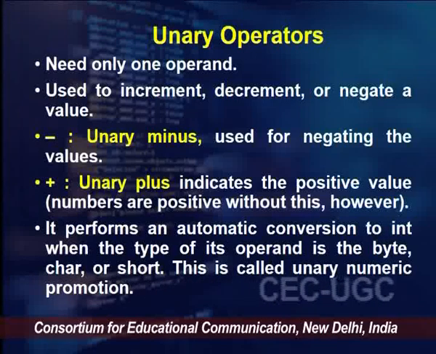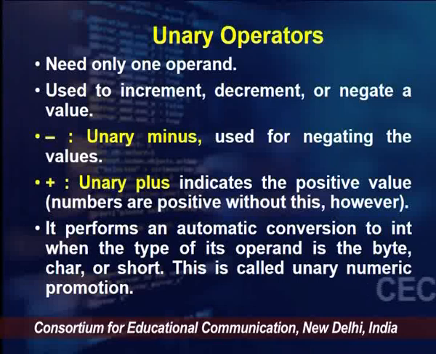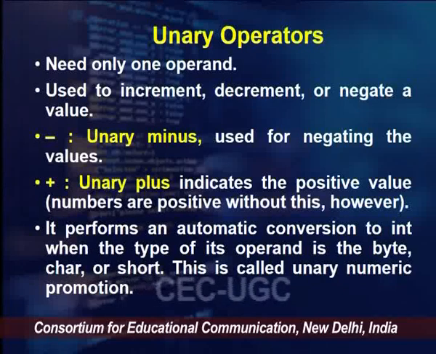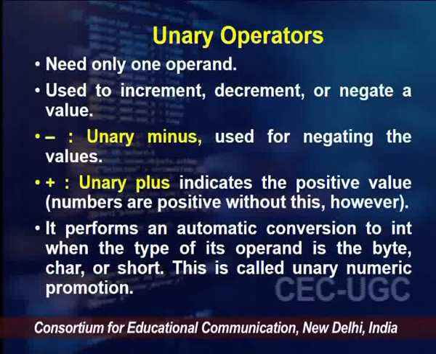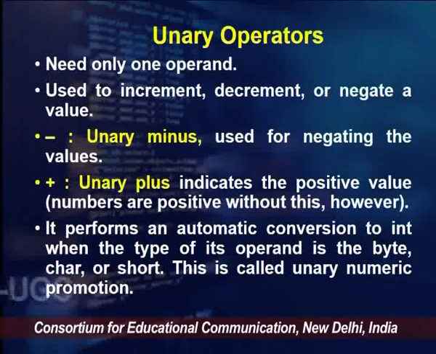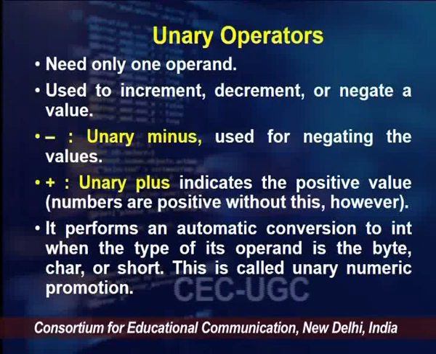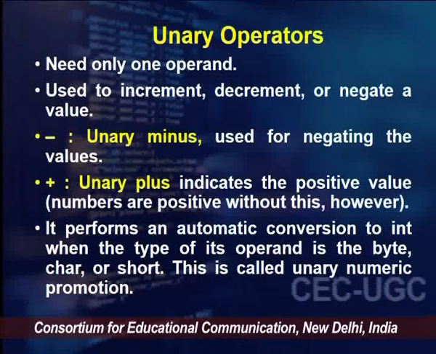Now, here it performs an automatic conversion to int when the type of its operand is byte, character or short. If we type the unary plus operator in front of a variable, it is going to perform the automatic conversion to integer type.